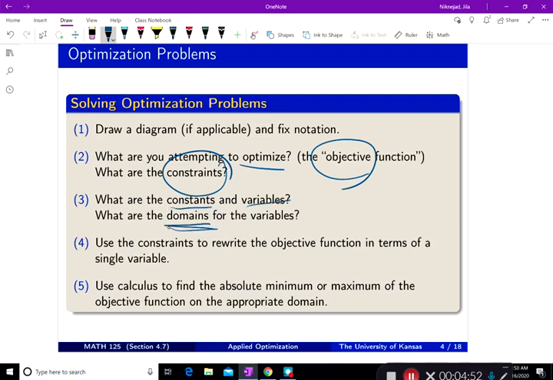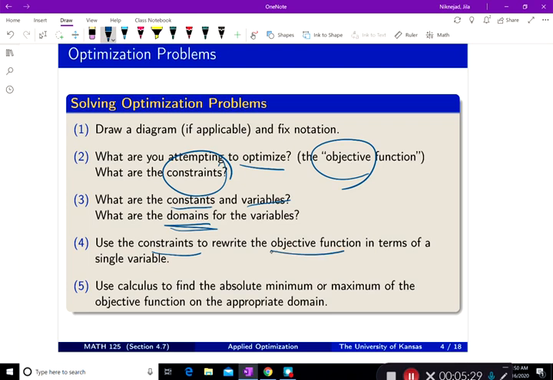And then you want to find what the constants and the variables of the function are. What is the domain? Domain is very important because however the test that you're using, first derivative test, second derivative test, or the closed interval method, you have to have the domain worked out. Then you want to use the constraint to rewrite the objective function in terms of one single variable.